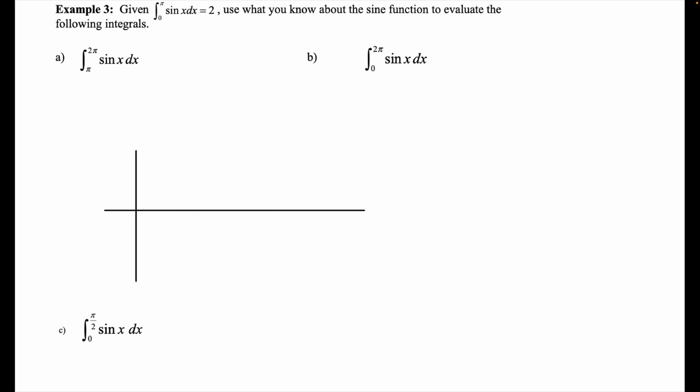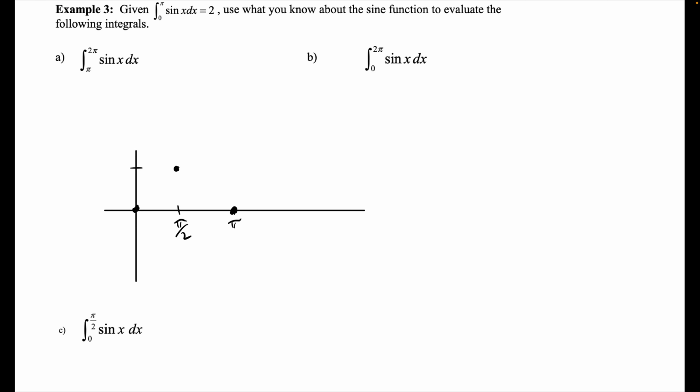So I know that it starts at 0. Sine of 0 is 0. And then sine of pi over 2 is positive 1. I'm just going right off your sheet. And then I know that sine of pi is 0.